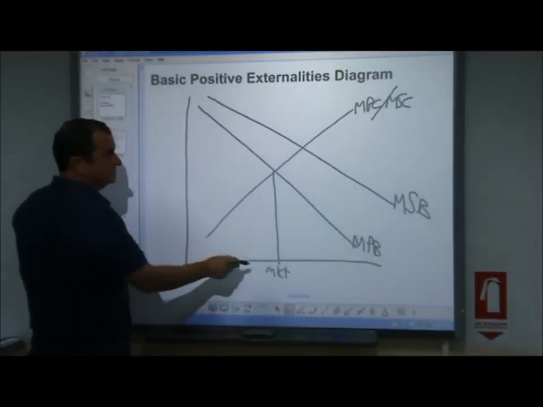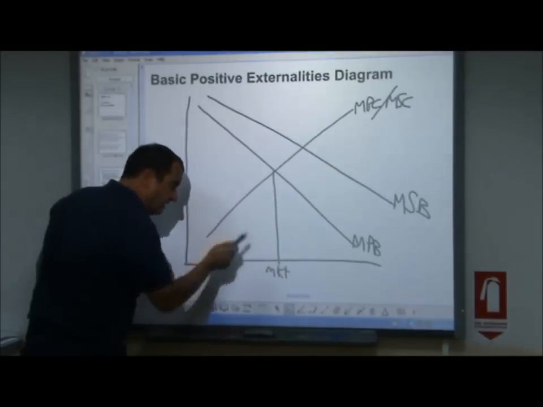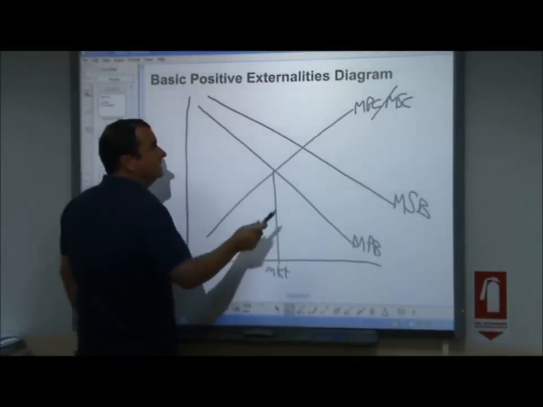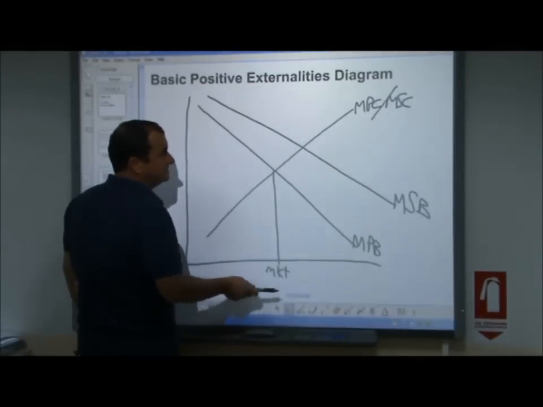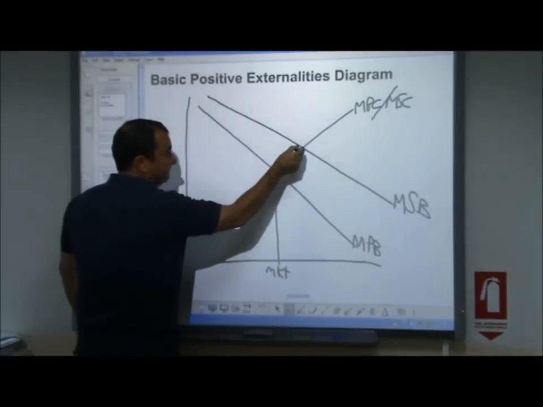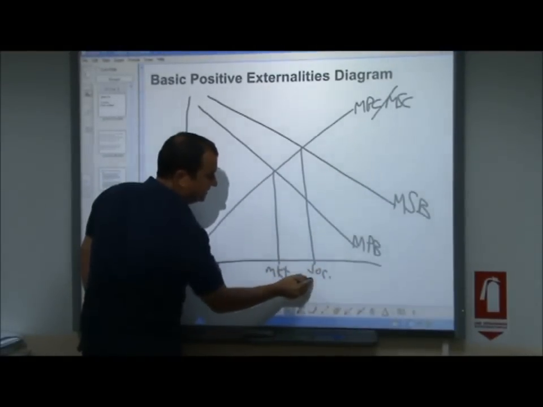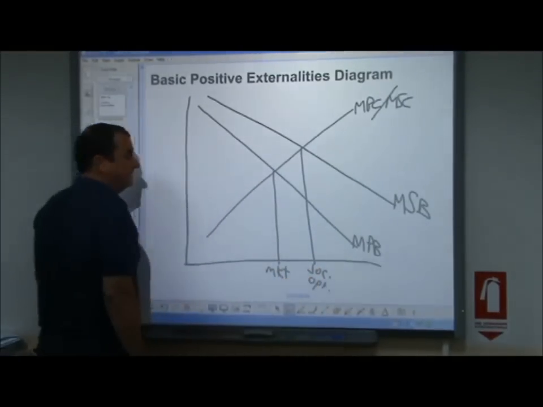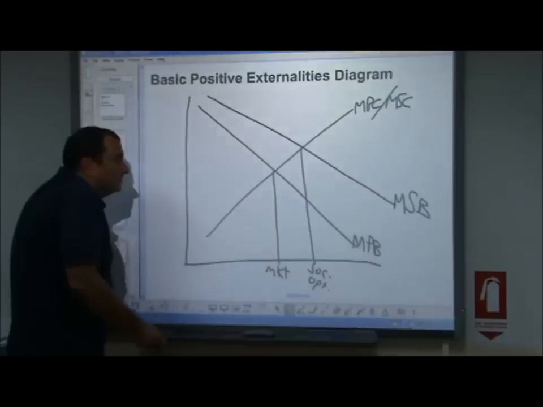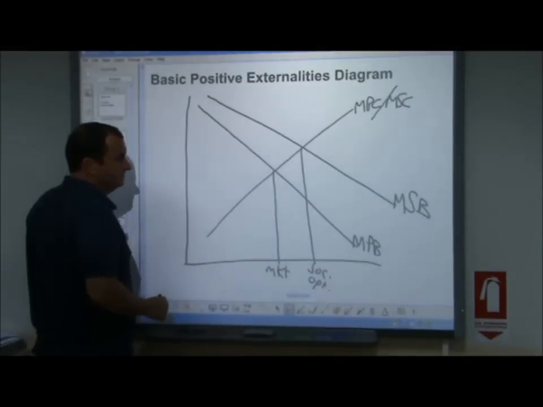Now, although this was the level of production that would be delivered if it was left to market forces, we can see that the best level of output for society, where marginal social benefits equal marginal social costs, is here. This is the best level of output for society. This is the socially optimal level of output. And the market has failed because the market's failed to deliver enough for what's good for society.